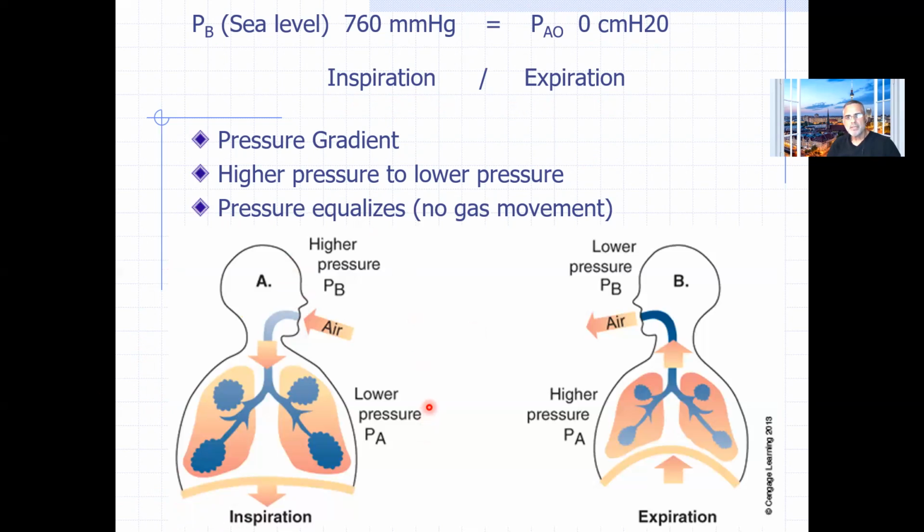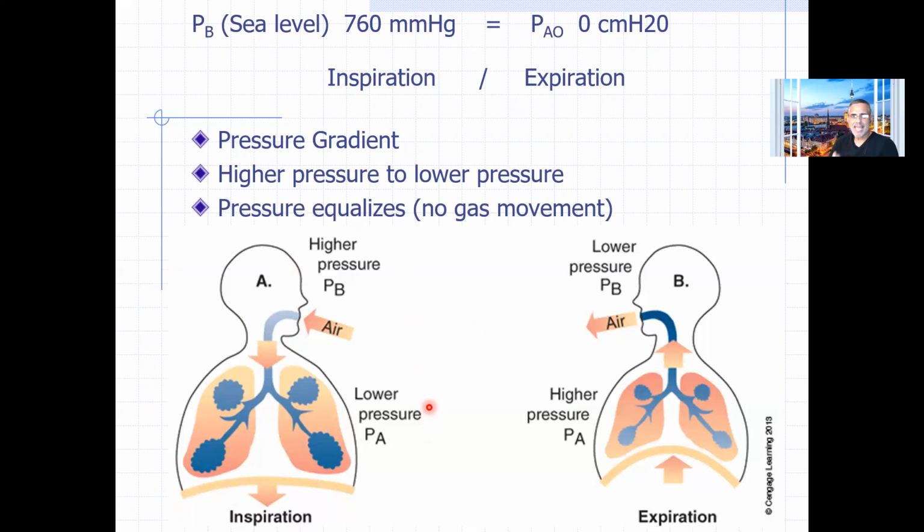When we're talking about inspiration and expiration, we're talking about gas movement. We know that during inspiration, the inspiratory cycle of breathing, air goes in, and on exhalation or expiration, air comes out.